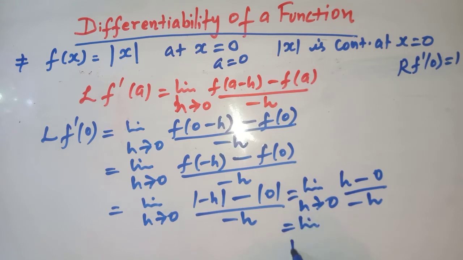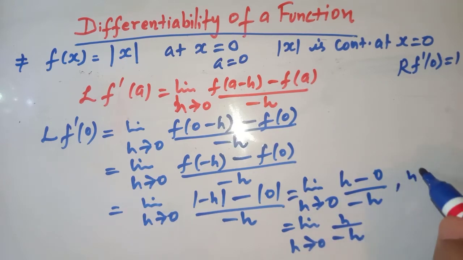So we have limit h tends to 0 of h over minus h. Now when h and h get cancelled, again we mention h is greater than 0 and h is infinitesimally very small. So h and h get cancelled and we are left with minus 1.